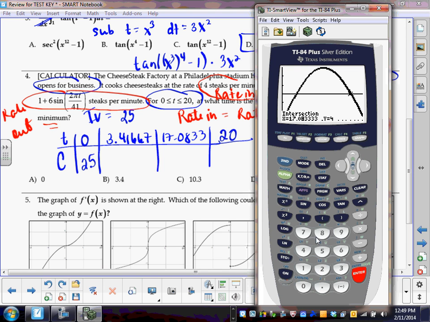Okay, so now that means that I have 25 plus the integral from 0 to time 3.41667. The rate in, y1, minus the rate out, y2, dx. So 30.0046.